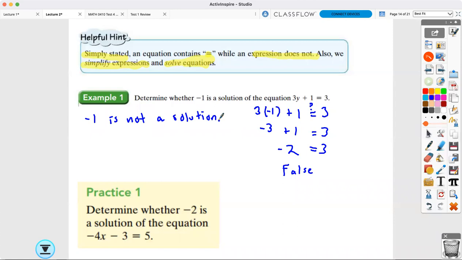Your job for practice 1 is to determine whether -2 is a solution of the equation -4x - 3. If you have any questions, feel free to ask now, ask your classmates, or type it in the chat if there are any questions so far.